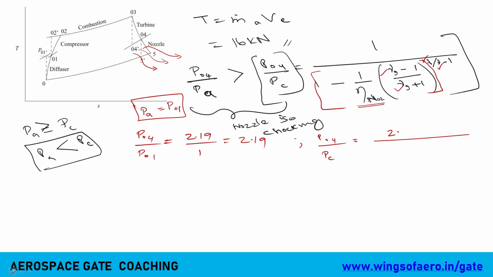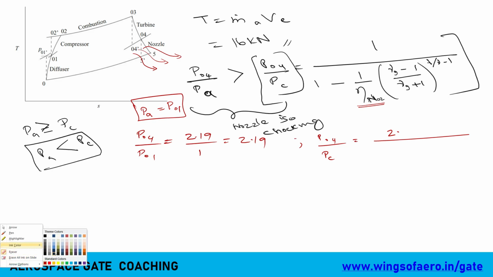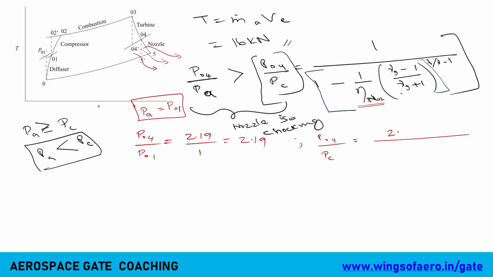Just check this formula once again. Please correct it. This gamma by gamma minus 1 is the whole power inside. Just ensure about it.